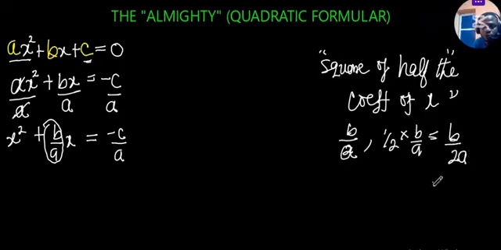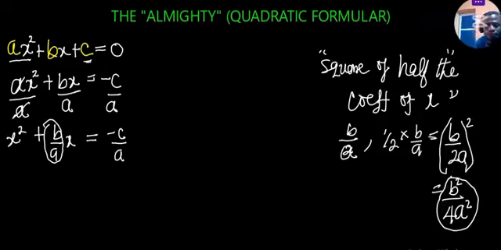So the square of this will give us b squared over 2 squared, which is 4, times a squared, which is a squared. So we'll be adding this to both sides.